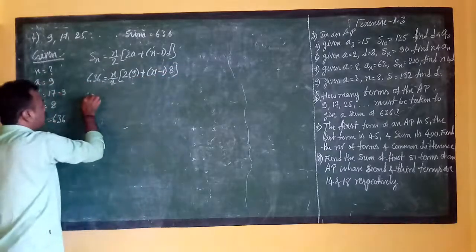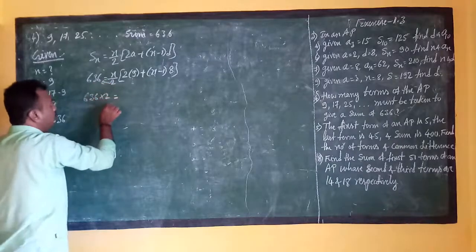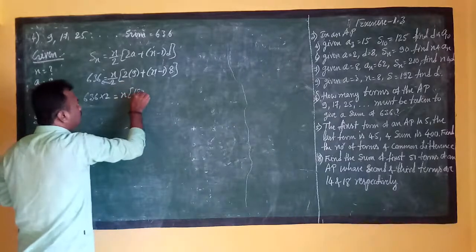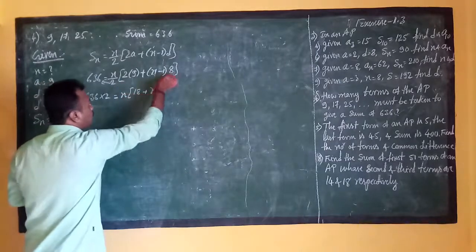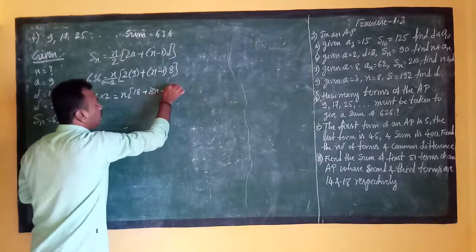Yes, 636, the 2 we have to send here, it becomes into 2, equal to n into 2 times 9, 2 nines are 18, plus (n minus 1) into 8. Sorry, we have to multiply it: 8 into n is 8n and minus 8.